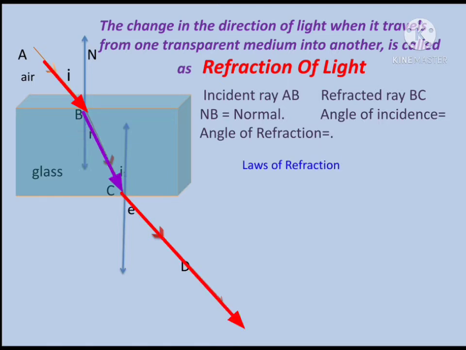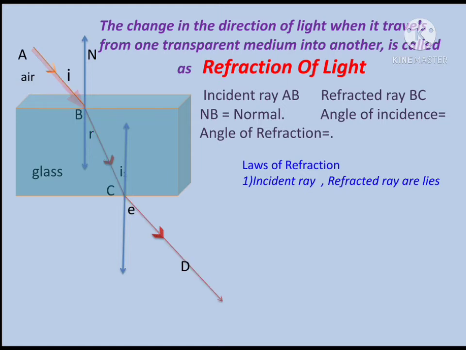First law: the incident ray and refracted ray lie on opposite sides of the normal, in the same plane. Here the incident ray is on the left side of the normal and the refracted ray is on the right side, so they lie on opposite sides of the normal.